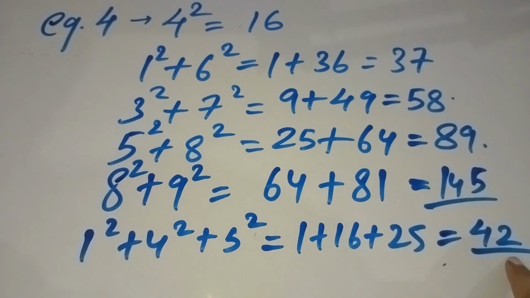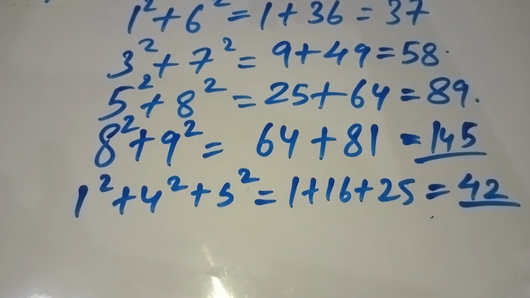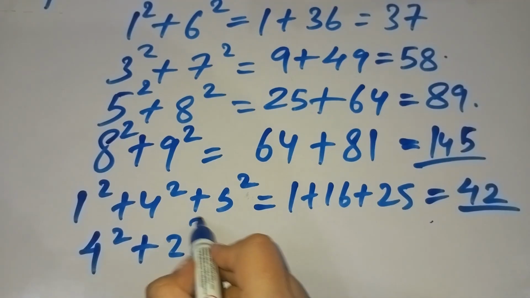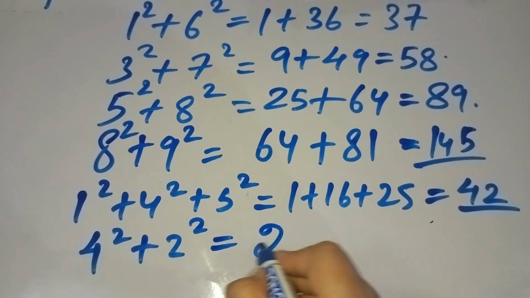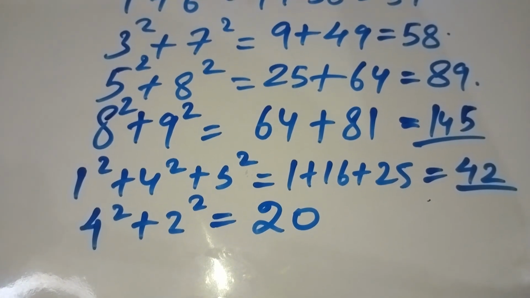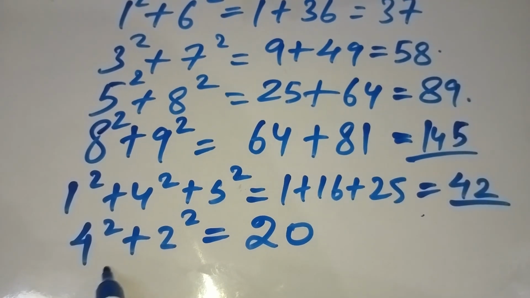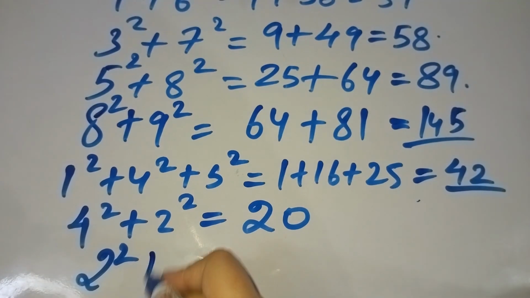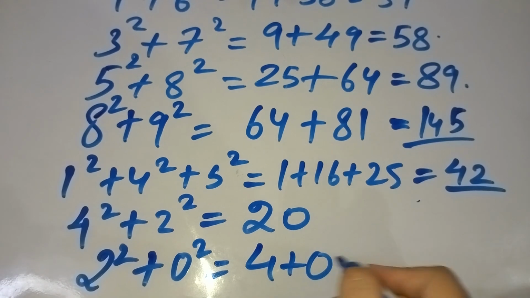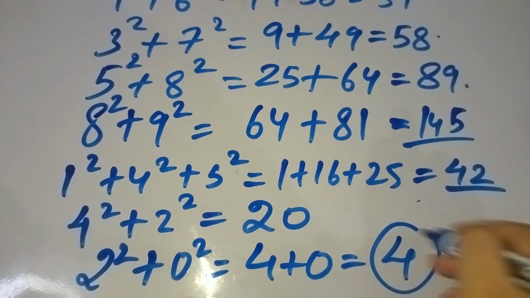Now we'll do 4 square plus 2 square. So 4 square plus 2 square will get 20. Now we'll do 2 square plus 0 square. 2 square is 4 plus 0 will get 4.